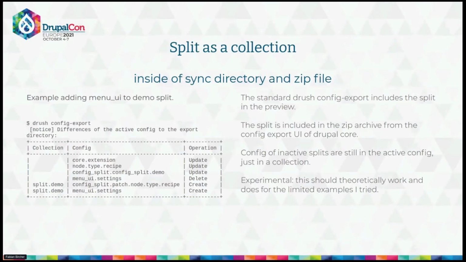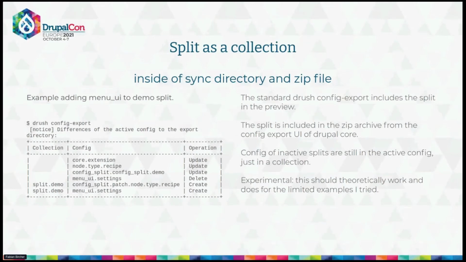Then the two config storages get messed up and get inside of each other, and it was a big mess. So the solution for that issue was to not allow the split folder to be in the config sync folder, and to make a warning and not allow that. And now you can do that, but not by selecting the config split folder to be in the sync folder, but you select that you want this to be a collection, and then you don't set any folder at all.